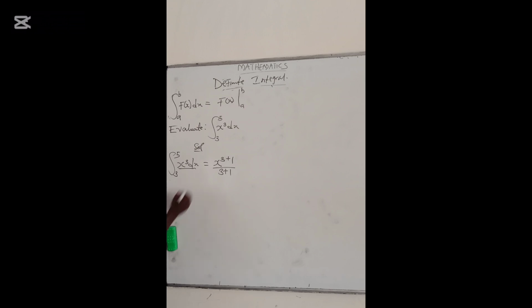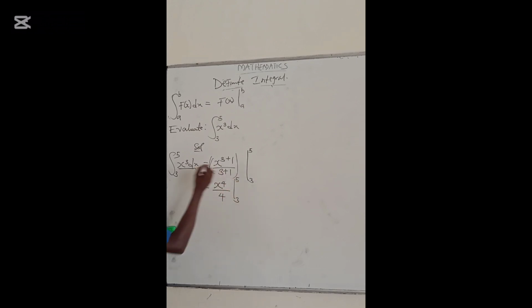Since it's a definite integral, you don't need to put the constant c there. Instead of putting constant c, it's going to be the limit of 3 and 5. So this is equal to s raised to power 4 over 4 with limits 3 and 5.